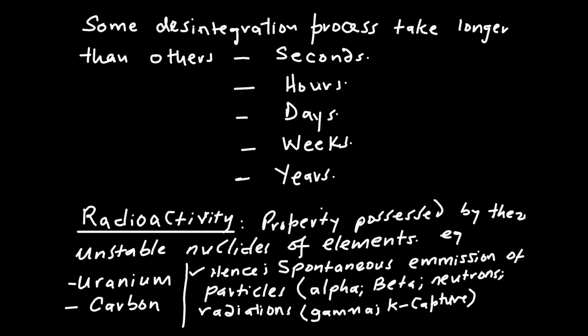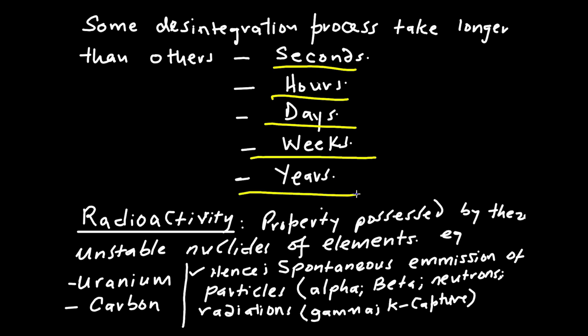Some of the disintegration processes take longer than others. Some take seconds, others take hours, others take days, others take weeks, while others take years. And therefore, some nuclides take longer to change than others, and that is why some of them will be found in one's own lifetime.